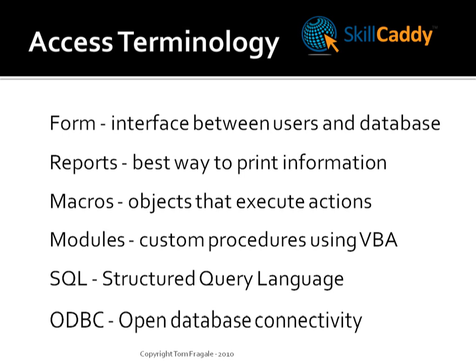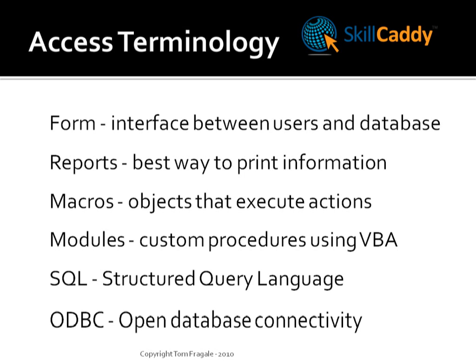Then there's something that's called an ODBC. ODBC is an acronym. It means Open Database Connectivity. And basically that's the standard for databases, and most databases are ODBC compliant, and that means they can talk to each other, they can share data with each other, and Access is an ODBC compliant database.